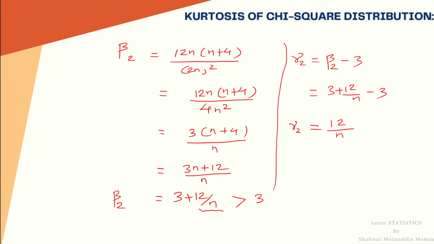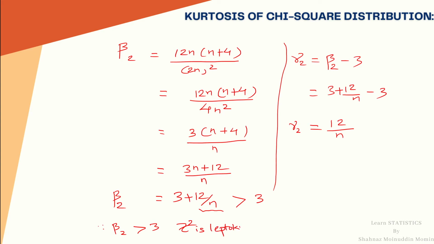This is gamma 2. Since beta 2 is greater than 3, the chi-square distribution is leptokurtic.